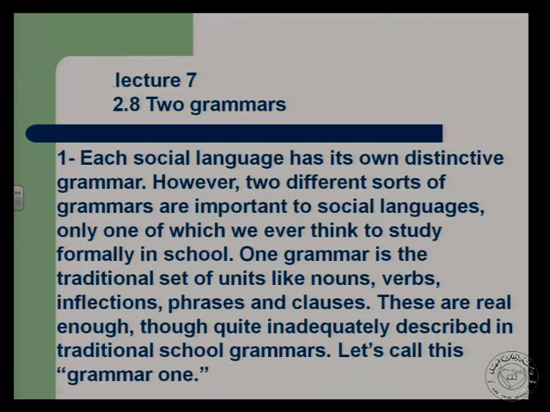Now, in this lecture, we're going to talk about two grammars. That doesn't mean we are talking about two different languages. What we mean by two grammars is the following. Each social language, the language you use with different people in different places, has its own distinctive grammar.